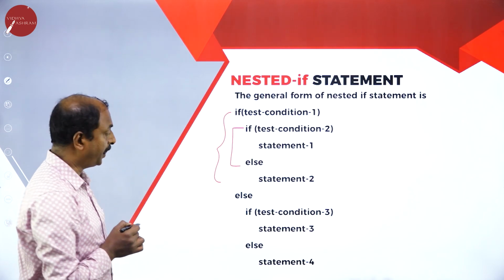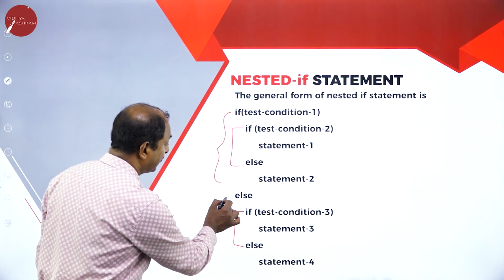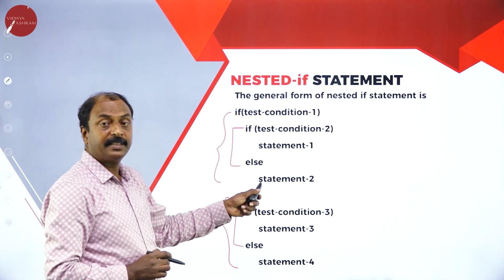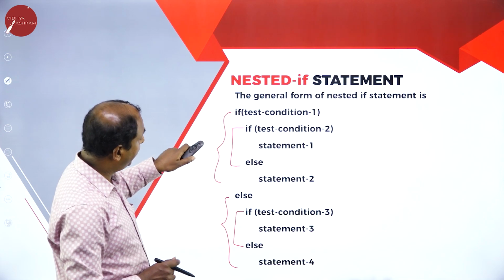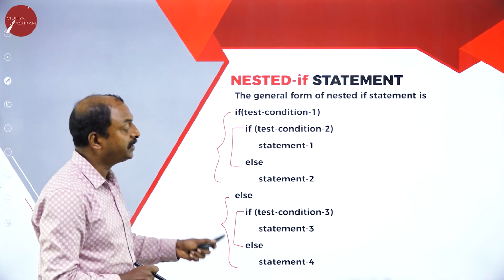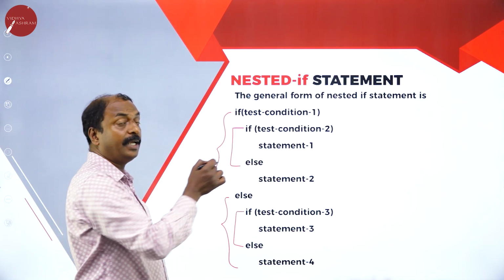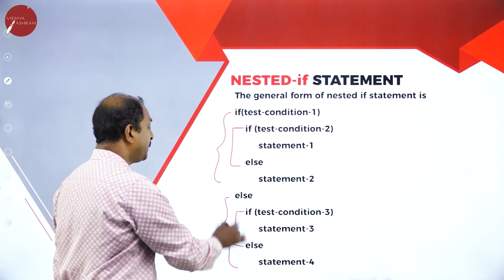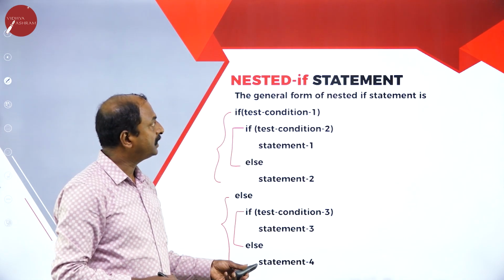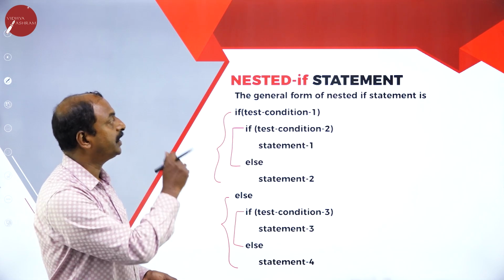This other if else statement is inside the else part of the outer if else statement. So one if statement inside another if statement is called a nested if statement. This is the syntax of the nested if statement.